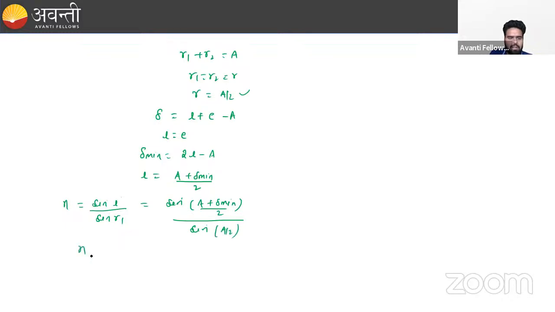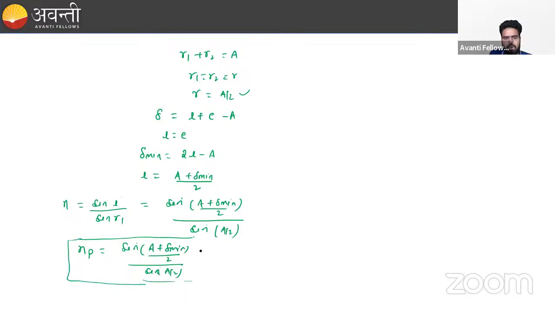This is the refractive index of our prism material: sine of A plus delta minimum by 2, divided by sine A by 2. That is a very important formula, and a very important topic regarding JEE, NEET and boards also.